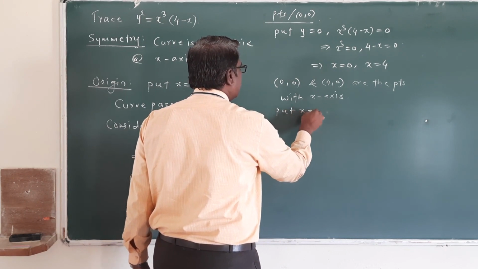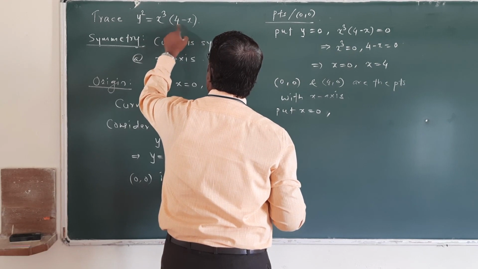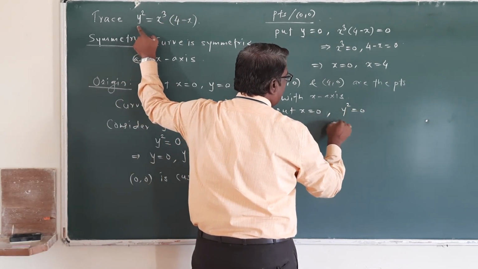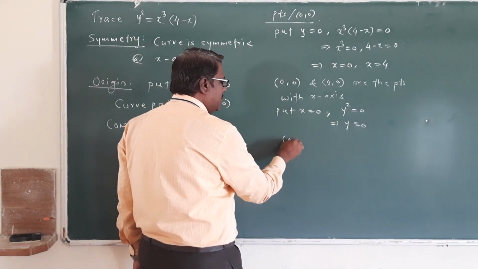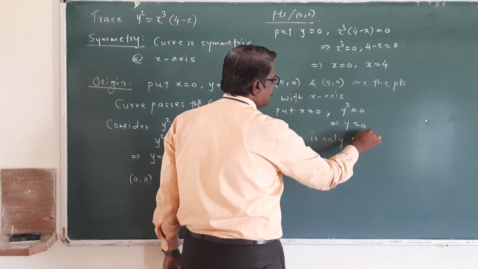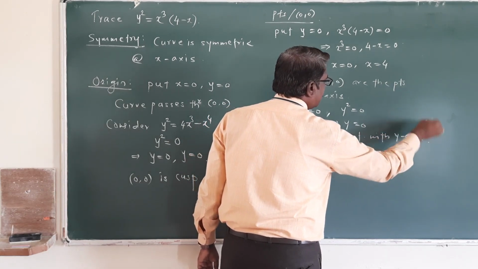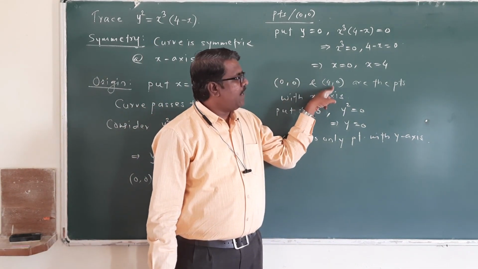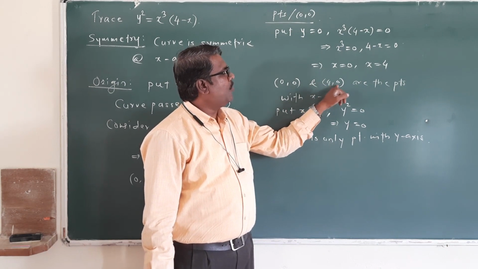Put x is equal to 0, and when x is 0, the right hand side is 0, and therefore y square 0 implies y is equal to 0. Thus origin is the only point with y-axis. So overall, there is only one point apart from origin. That point is 4, 0.